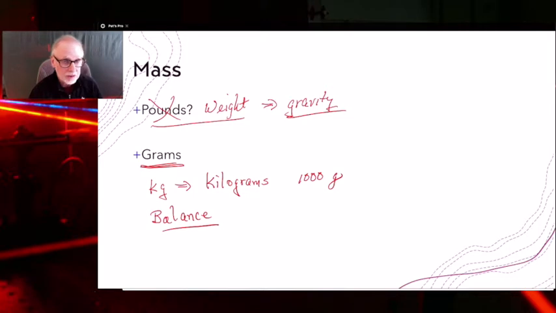These days we use electronic balances in the lab, where we place our particular substance on a platform of some kind, and the electronics within the balance itself determine the mass. So grams and kilograms are typically the units that we're going to be using when looking at mass.